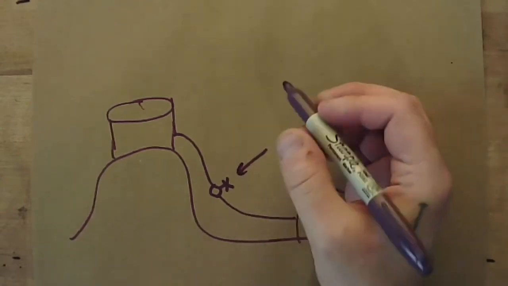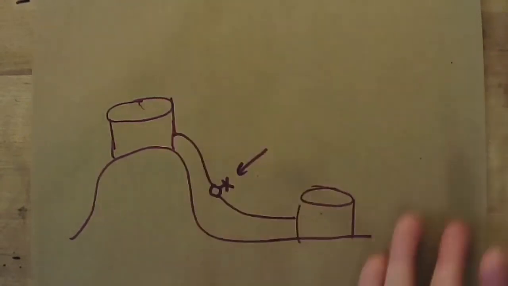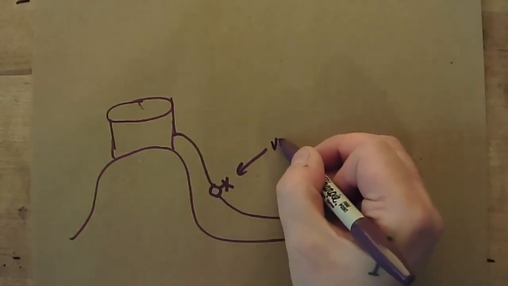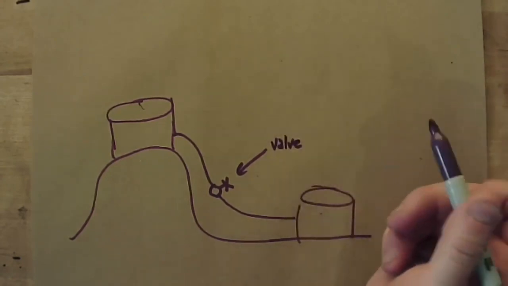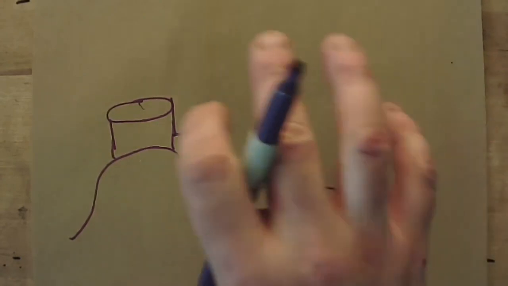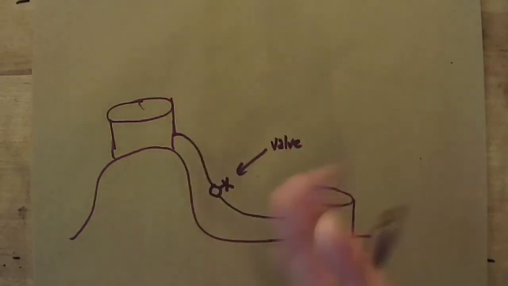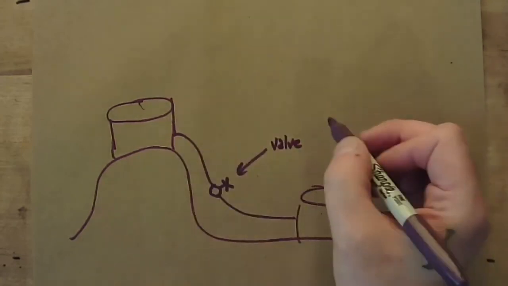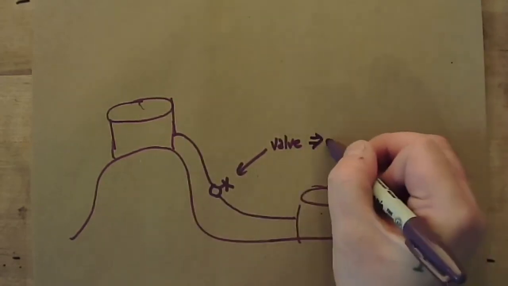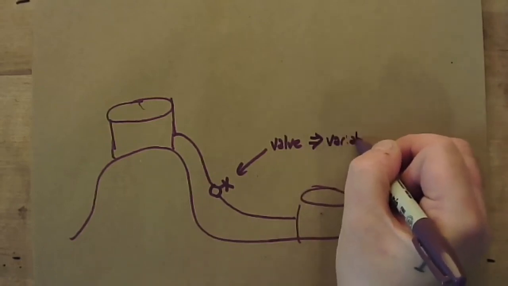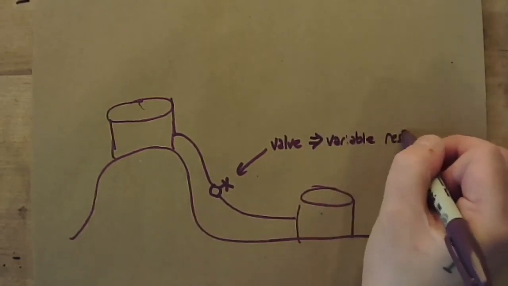This is a valve that can turn electricity on and off in a gradient, like a variable resistor.